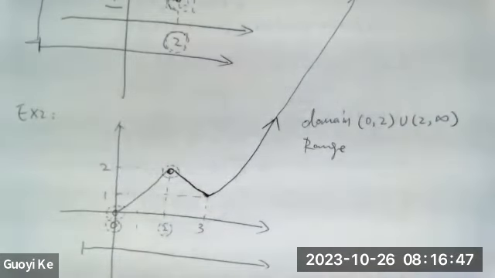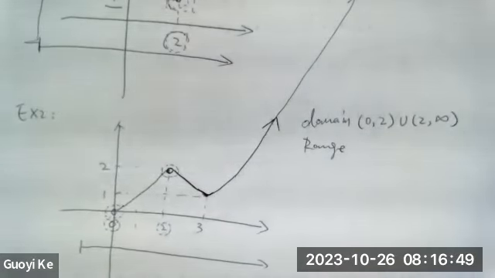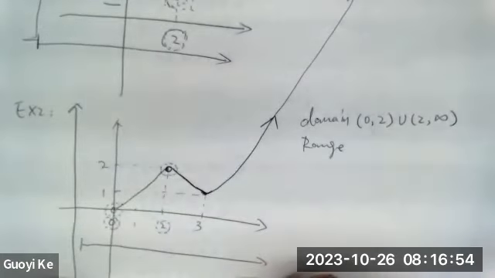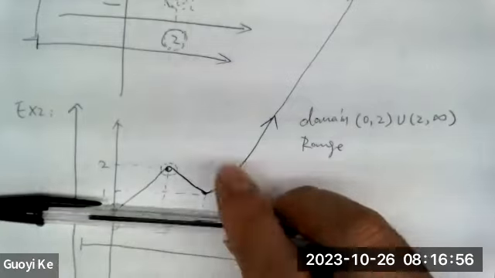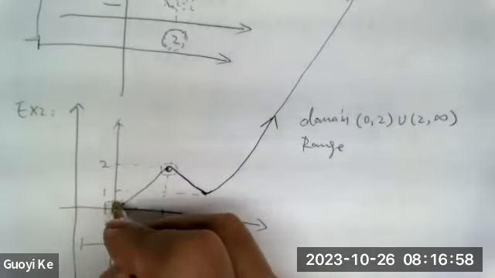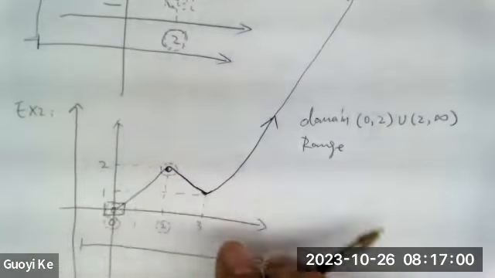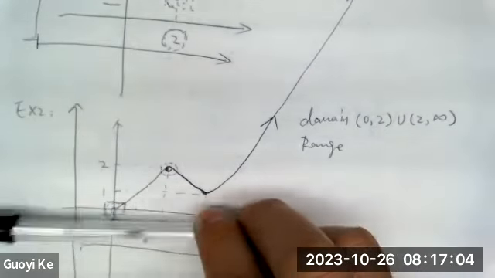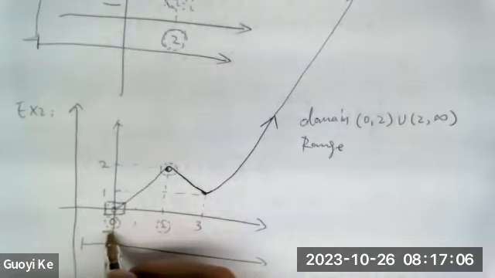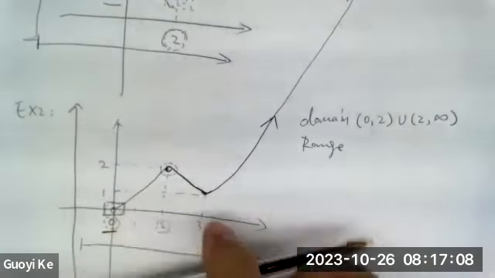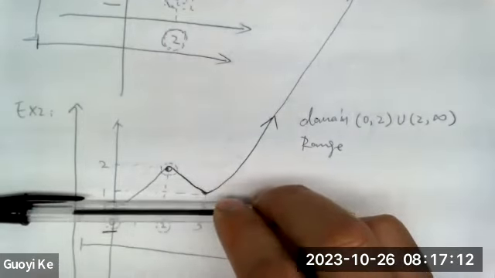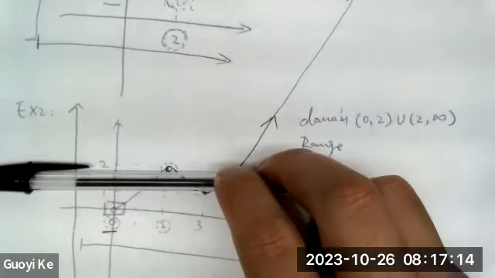Now the range, from downside to upside. The first touch is at this point, and the y value is 0. Let's continue to move the pen.